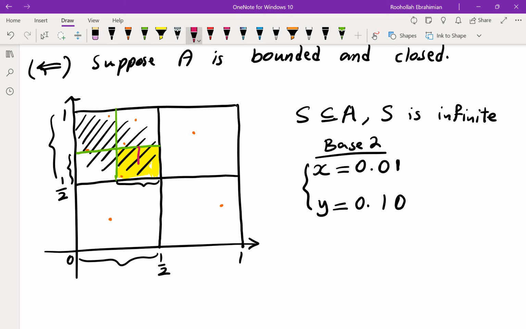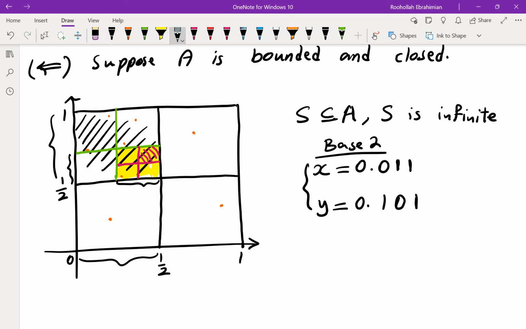So let's just say you divide this one and then you figure out, okay, one of these 4 has infinitely many points. Now again, it could be that all of them have infinitely many points. We just pick one of them, but definitely there is one. So let's say this one has infinitely many points. So that tells you that the third digit would have to be 1 for x and 1 for y. And then we keep doing that.